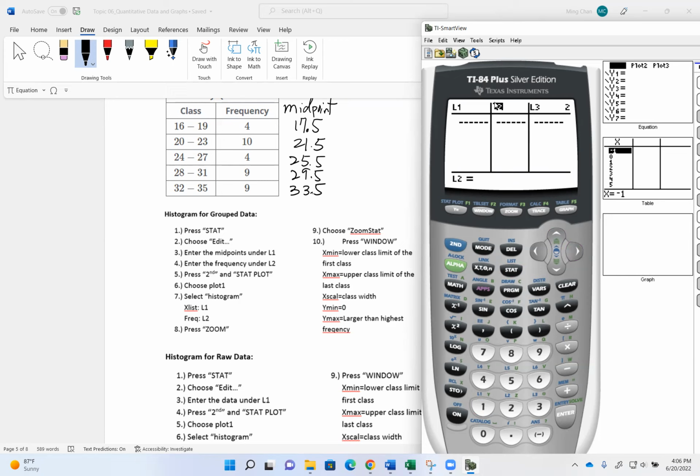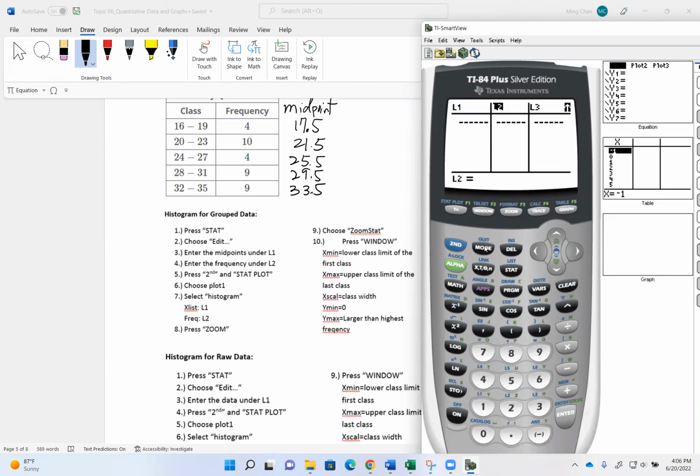If you press delete, you're literally going to delete the word L2, list 2. If you're missing something, let's say L2 or L3, one of the easiest ways is to clear the memory, the entire calculator's memory.